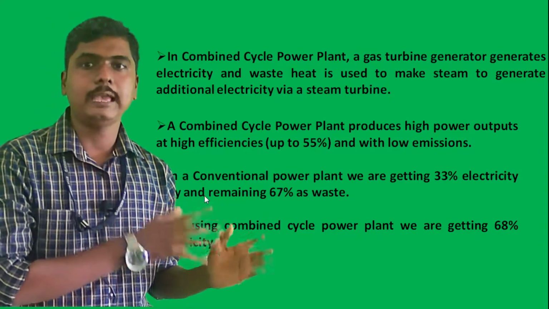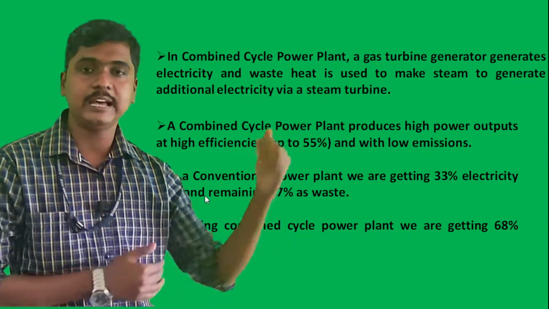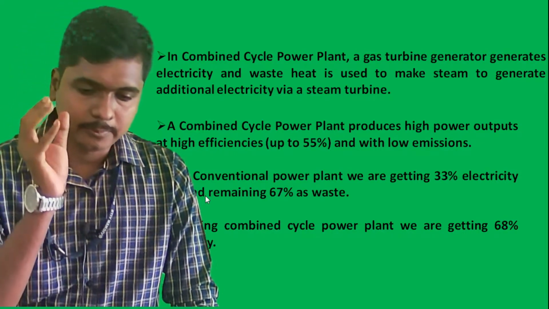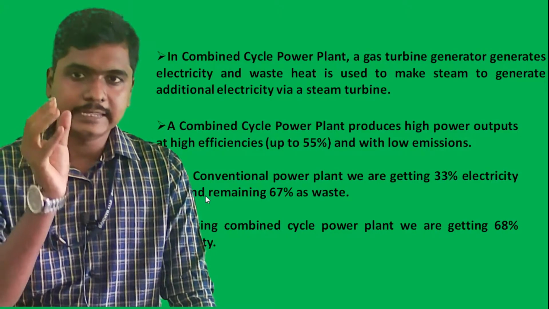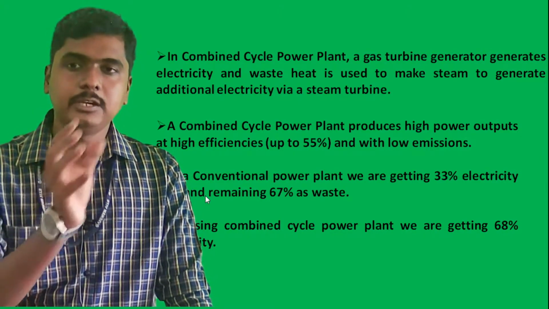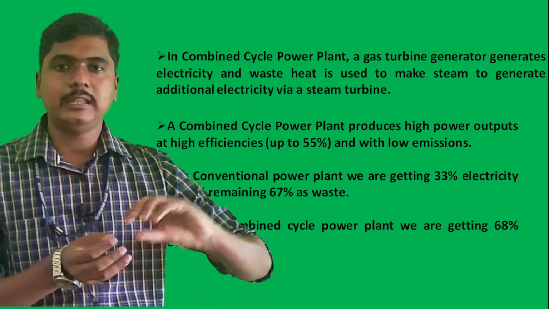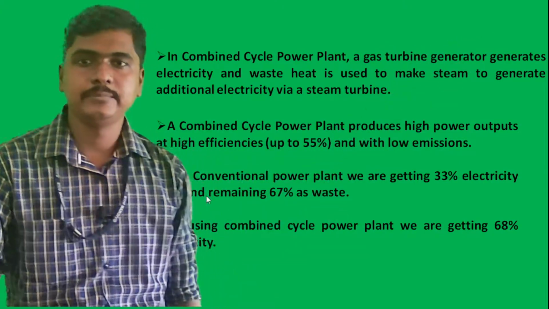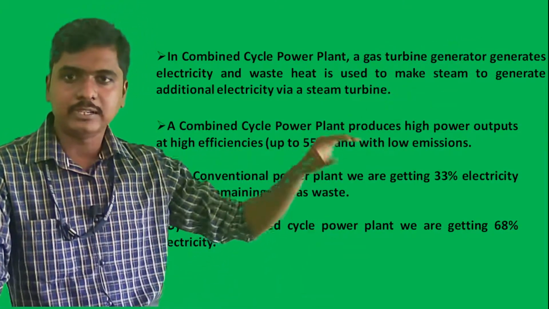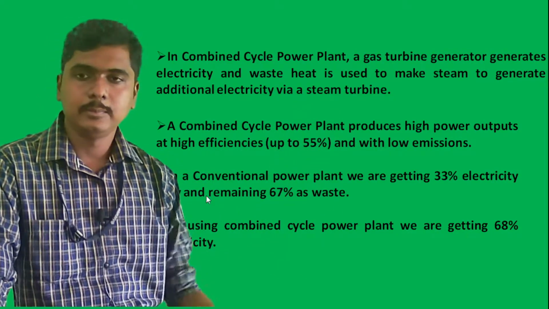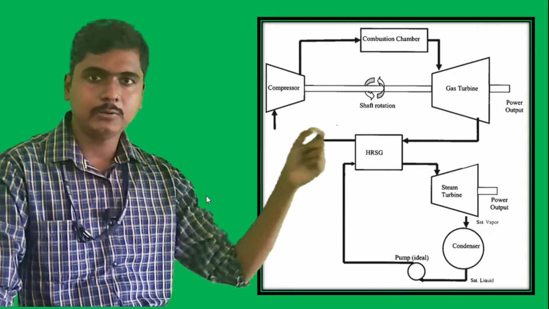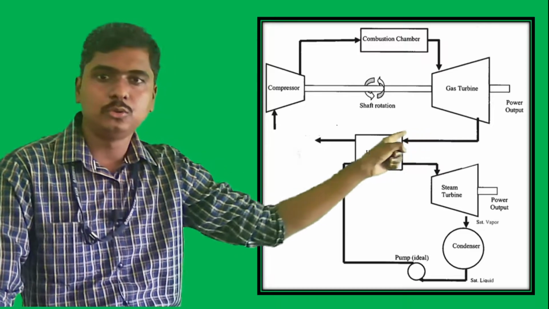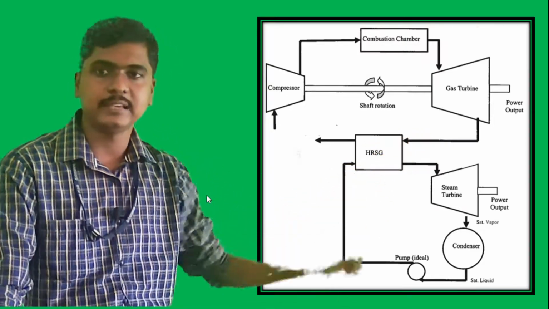Okay, so the same thing already I have explained to you. In case of a gas turbine power plant, whatever mechanical work output we are getting from the turbine, we can convert that into electricity by using a generator. And whatever waste heat we are getting from one cycle, like here, whatever waste heat we are getting from this cycle, that heat will be used to generate steam for the second cycle.